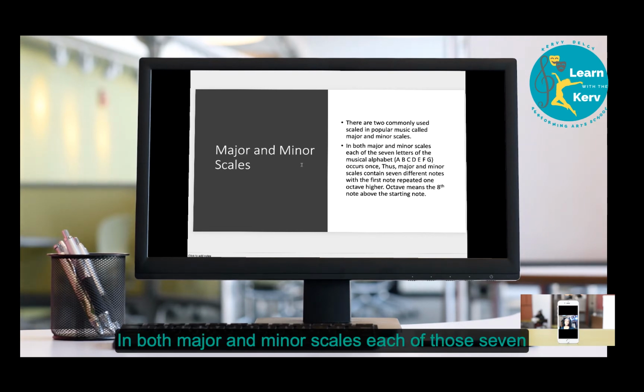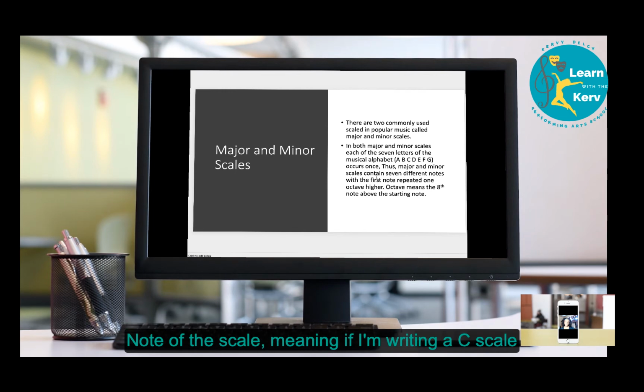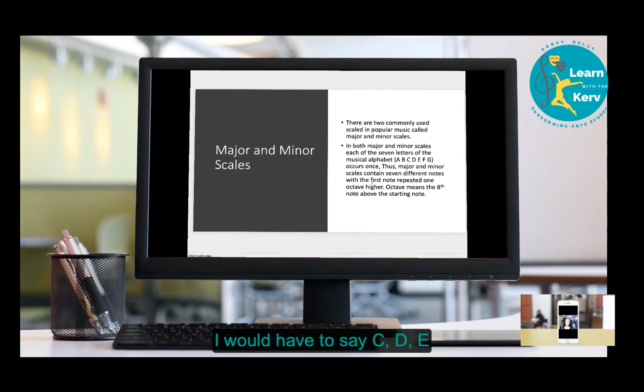Well, in both major and minor scales, each of those 7 letters of the musical alphabet only occurs once, except the first note of the scale. Meaning, if I'm writing a C scale, I would have to say C, D, E, F, G, A, B, C. If you pay attention, I only say C twice.